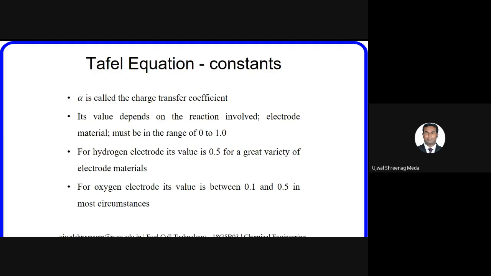At the anode, when hydrogen is used as fuel, its value is close to 0.5 for a great variety of electrode materials. At the cathode, which is known as the oxygen electrode, its value is between 0.1 and 0.5 in most circumstances. These are observations based on experiments that are carried out.